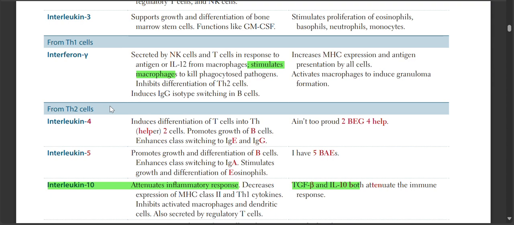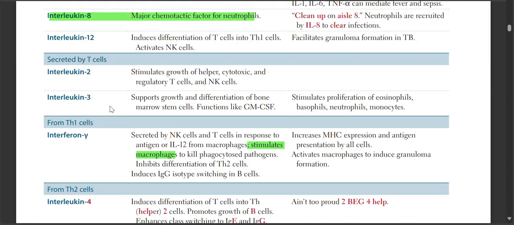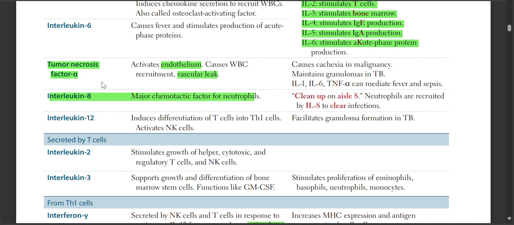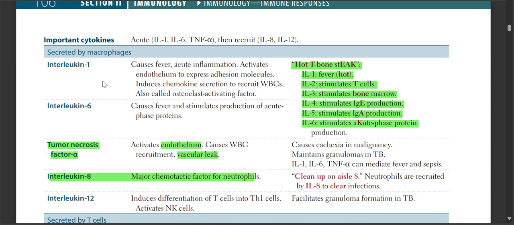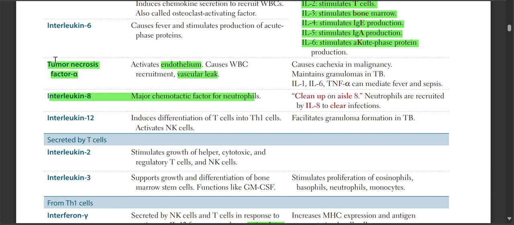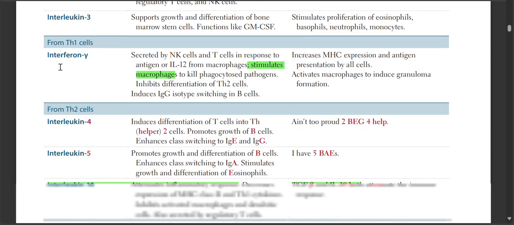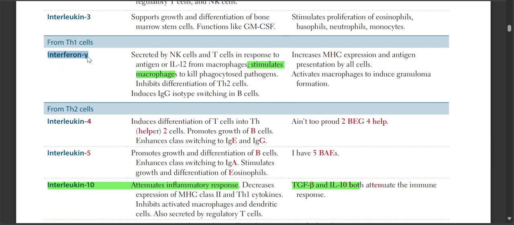So these are the ones you should remember. Ideally you should remember all of them, but if you forget some, that's all right, as long as you remember all of these: 1 to 6, 8, tumor necrosis factor alpha, interferon gamma, and then interleukin 10 and TGF beta.